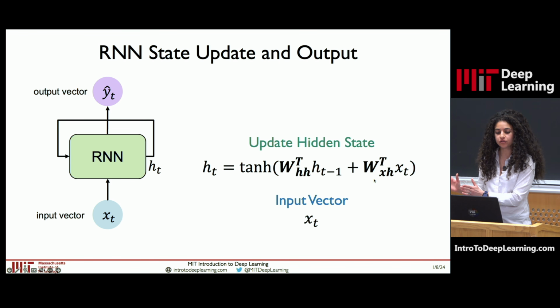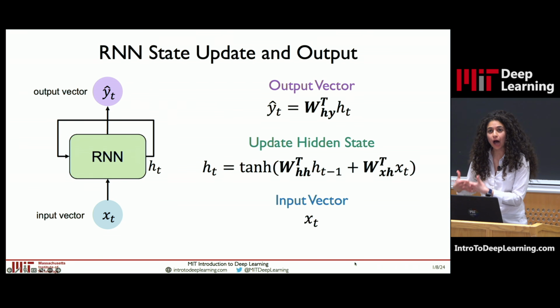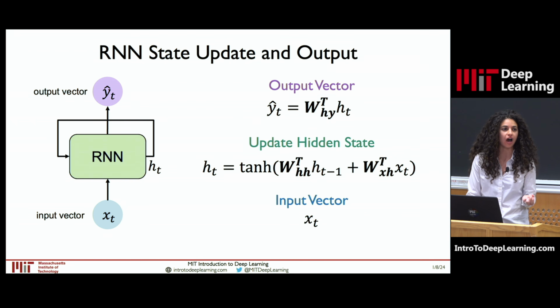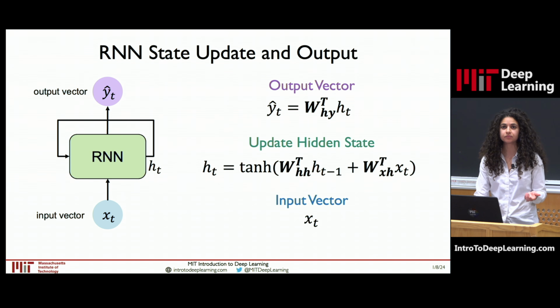We multiply those by their inputs, add them together, apply a nonlinearity, and use this to update the state variable h of t. Finally, we can output an actual prediction at that time step as a function of that updated internal state h of t. The RNN has updated its state, we apply another weight matrix, and then generate an output prediction according to that.